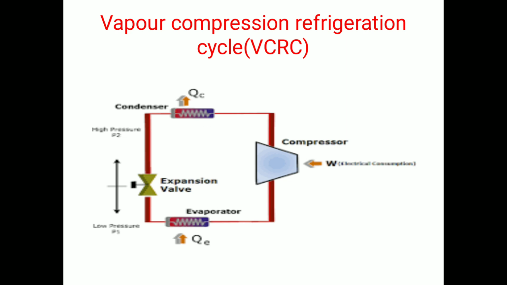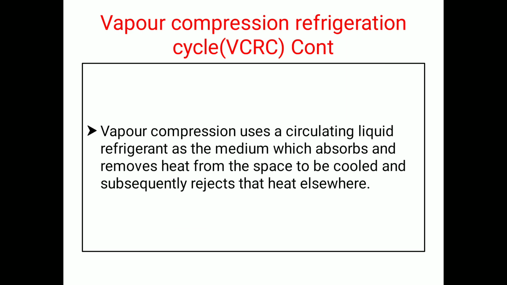So this is vapor compression refrigeration cycle. This diagram explains how vapor compression refrigeration cycle actually works. So vapor compression uses a circulating liquid refrigerant as the medium, which absorbs and removes heat from the space to be cooled and subsequently rejects that heat somewhere else.